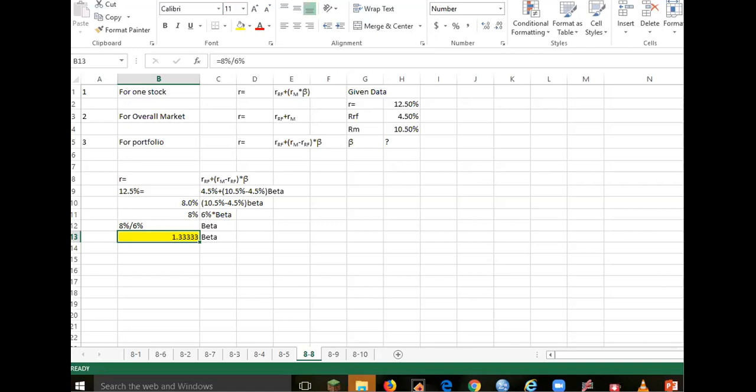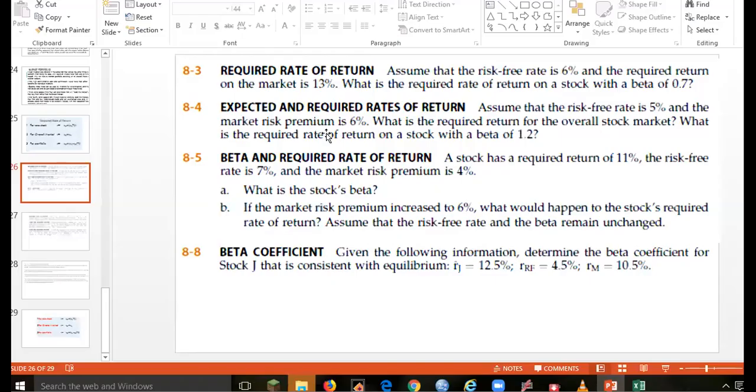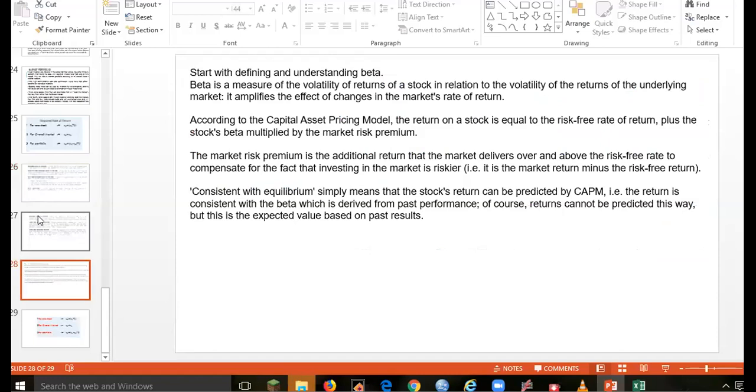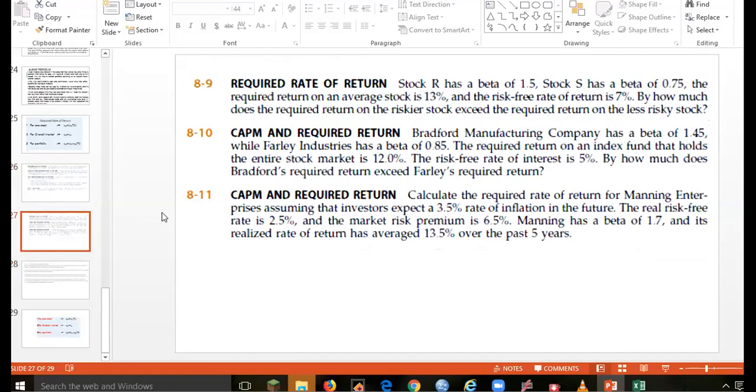The next problem is A-9. Now this is interesting. Required rate of return. Stock R has a beta of 1.5. Stock S has a beta of 0.75. The required return on an average stock is 13%. This would be the market risk premium, and the risk-free rate of return is 7%.